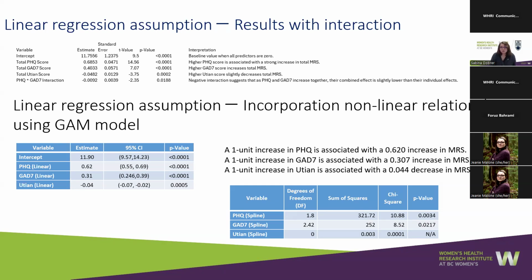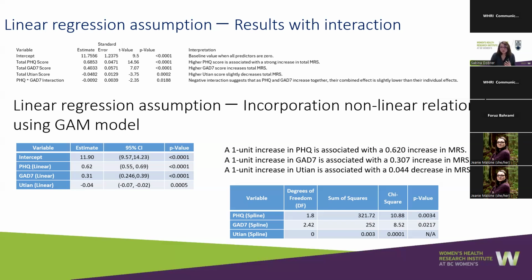But also on the bottom, you will see the statistic for splines. For PHQ-9 and GAD-7, the spline p-value was less than 0.05. It says that we are confirming that there is no linear relationship.